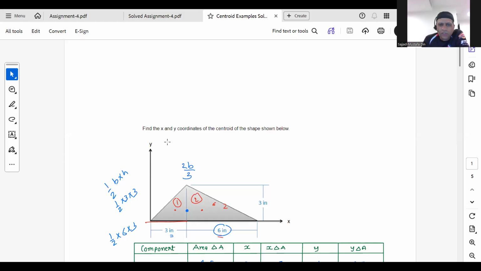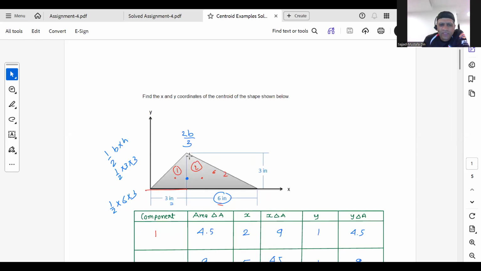So you're going to need to calculate the centroid for assignment number 4. So what we'll do is take a look at a few solutions here, and they are in your folder, to find the x and y of the centroid of the shapes given below.